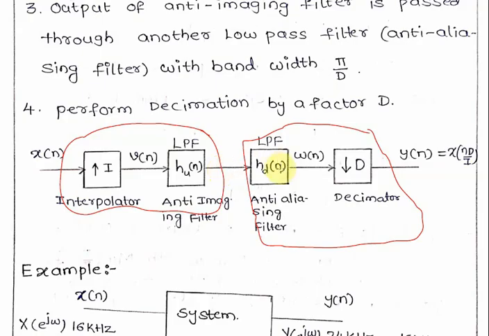After that, to avoid the aliasing effect, we need to pass the output of the interpolator through the anti-aliasing filter and it is fed to the decimator. At the output we will get the sampling rate converted signal with I and D, meaning interpolation and decimation.